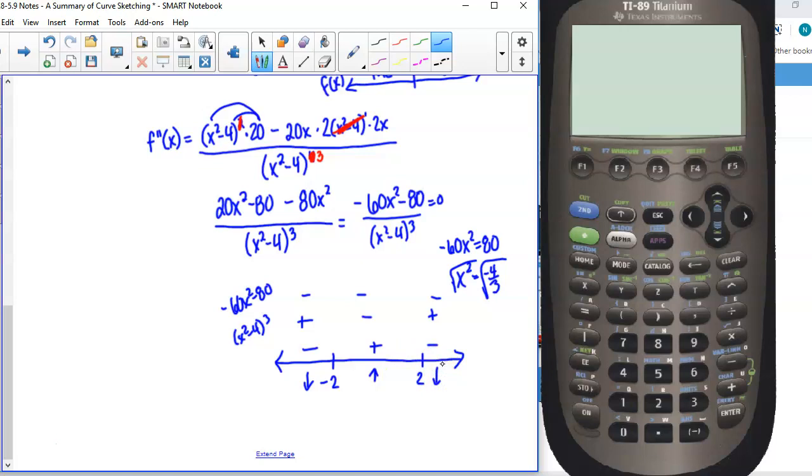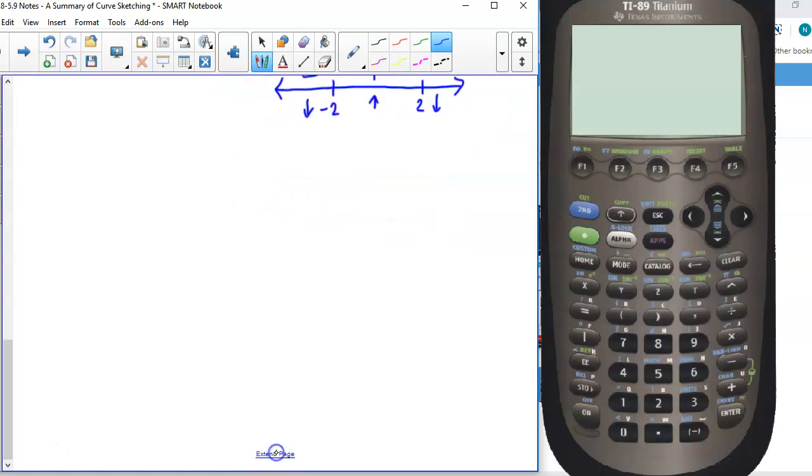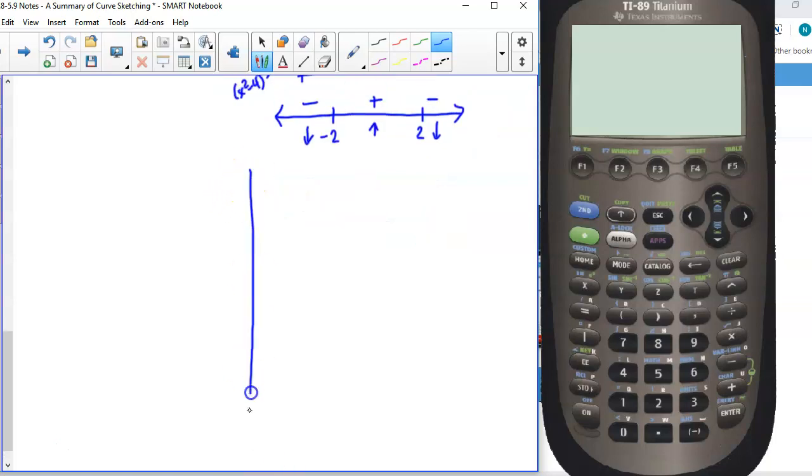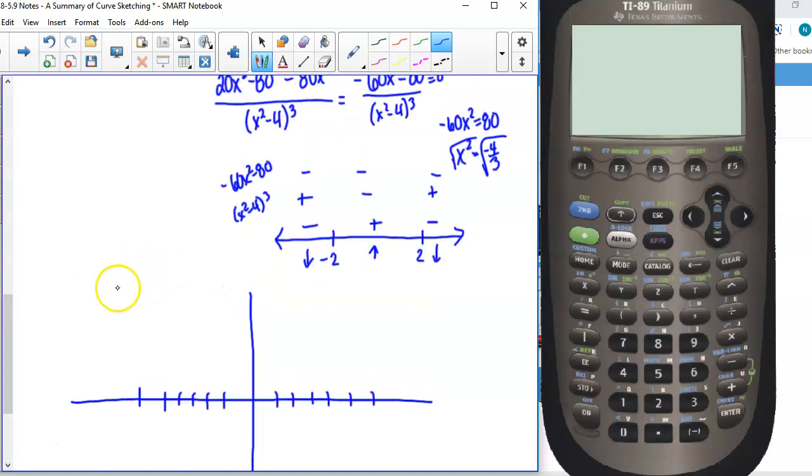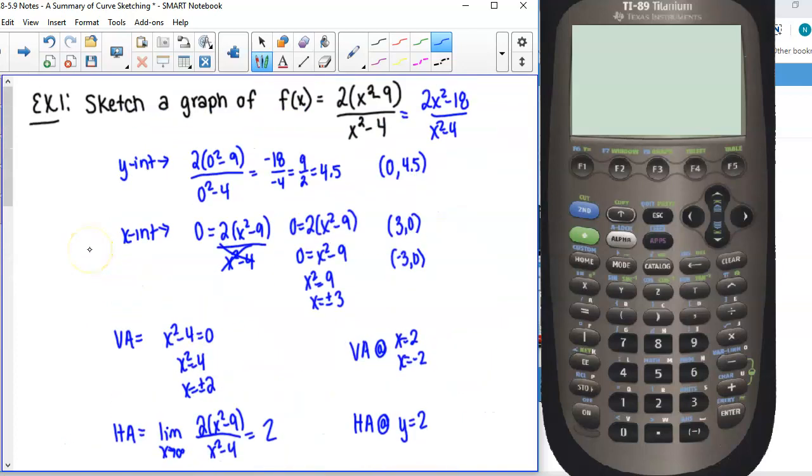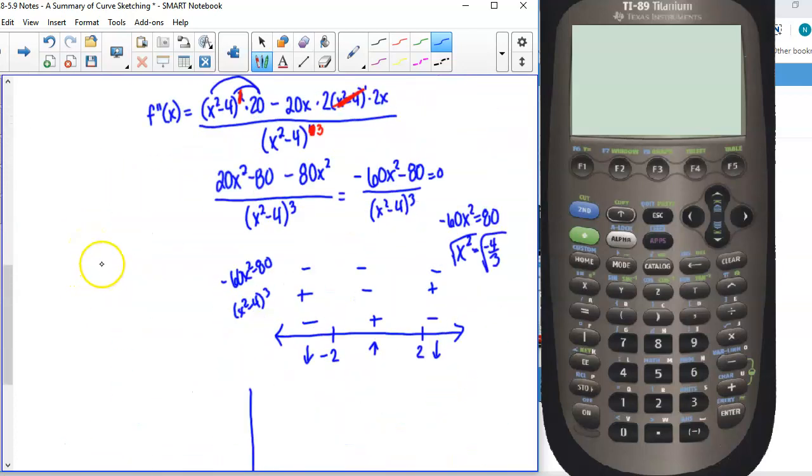So there are all kinds of things going on here in this graph. And so your goal is to make a good picture of that graph. So if we're graphing this, we draw in everything that we know we will have. We have a y-intercept at (0, 4.5).